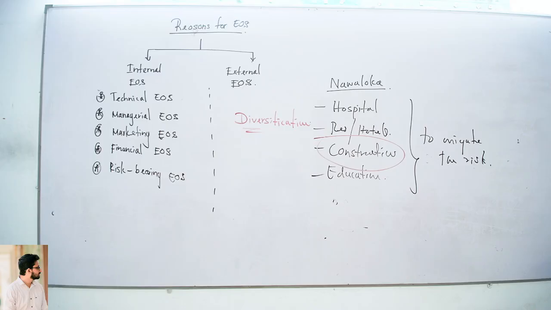Okay. What are the other examples that come to your mind when talking about diversification? Businesses which have paid attention to different industries instead of doing business in one industry. Navaloka is one of the best examples. What else?